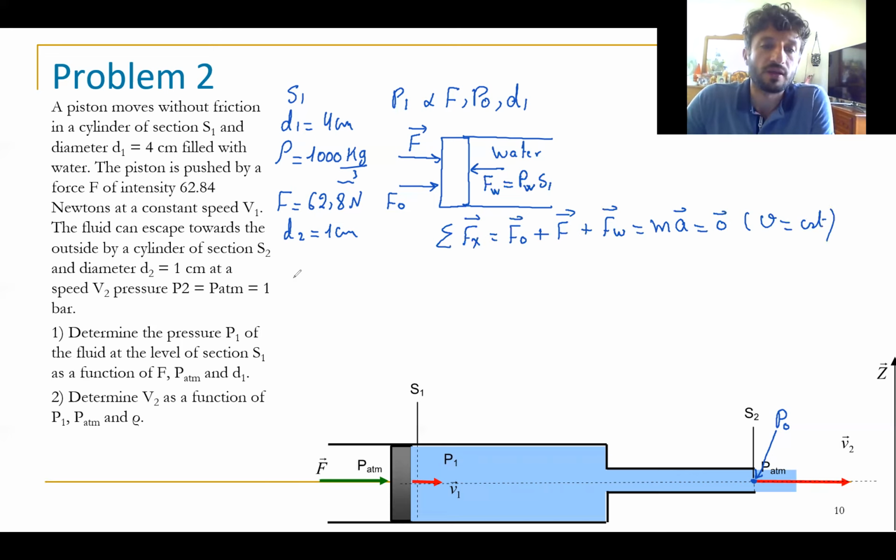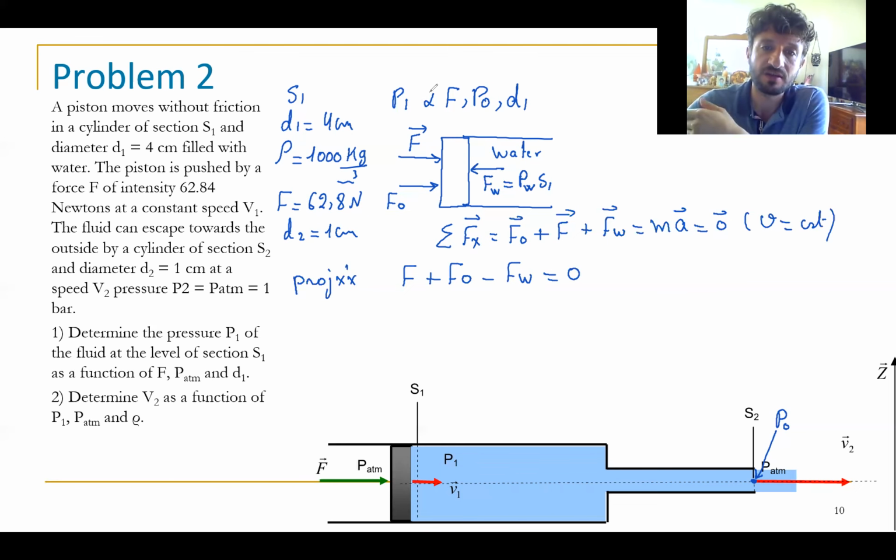We do the projection along x'x, taking the positive direction to the right. We have F plus F0 minus F water equals 0. As I want to calculate P1, P1 is P water.